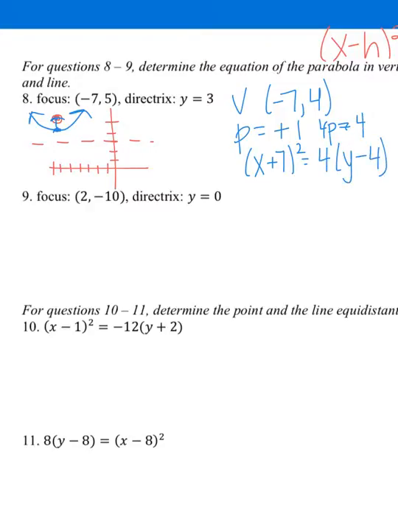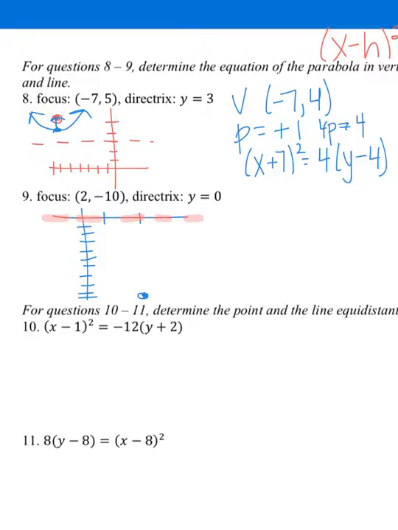So for number 9, we have (2, -10) as the focus, and then the directrix is y equals 0. So (2, -10): 1, 2, 3, 4, 5, 6, 7, 8, 9, 10. That's all the way down here. That's your focus. The directrix is y equals 0, so that line is up here.